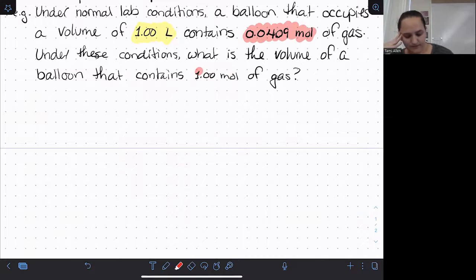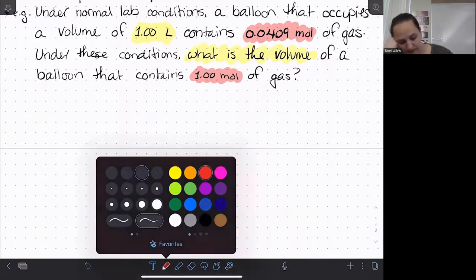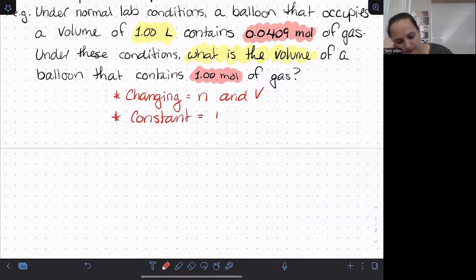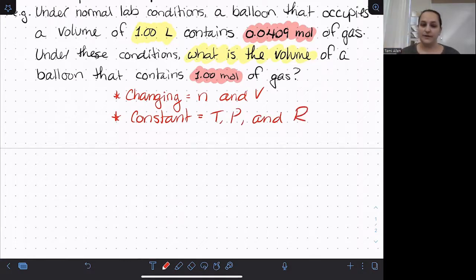So we're asked under those same conditions, so constant temperature and pressure, what volume will a mole of gas occupy? So in this case, the things that are changing are the moles and the volume. Things that are staying constant are the temperature, the pressure, and, as always, R.